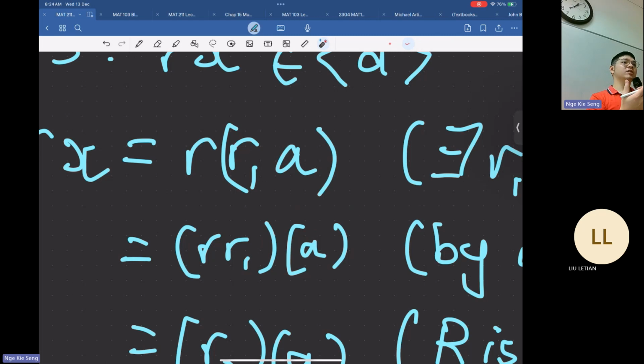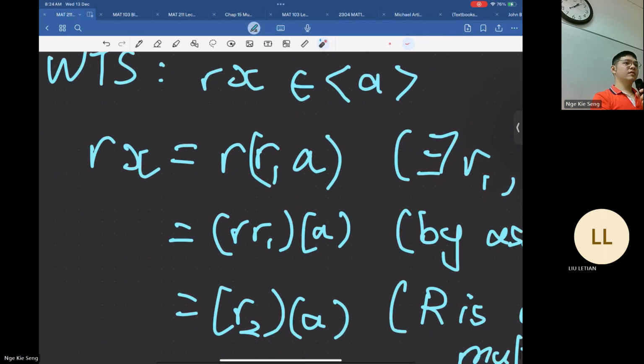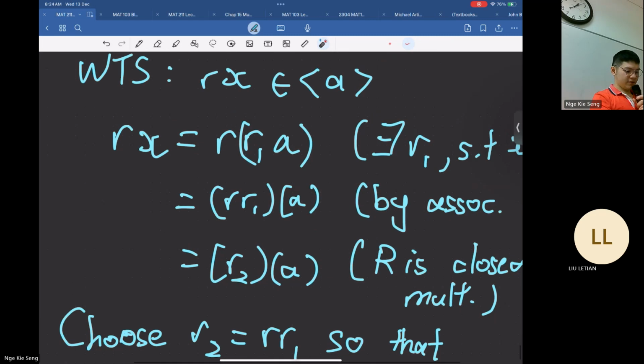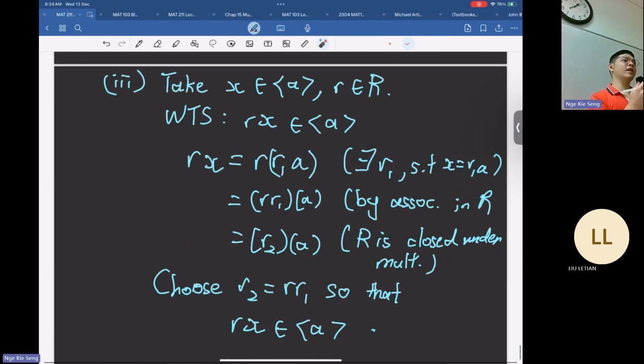Let r2 be r times r1. Then you can put it into the form of r times A. Make sense? Because all your elements have to be in r times A form.